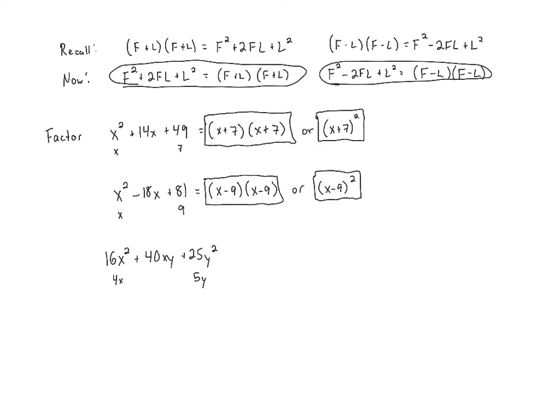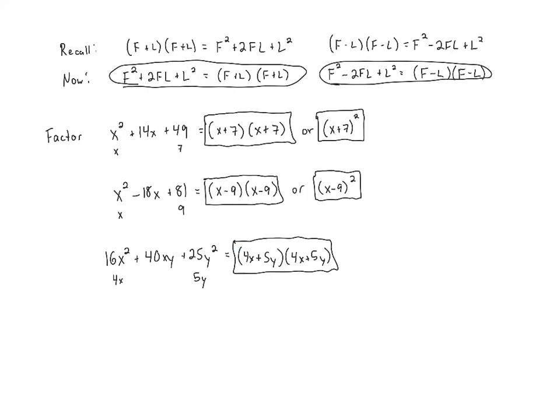So because all of this fits, we know that we can use that formula. And so this becomes 4x plus 5y times 4x plus 5y. Recognizing that this is a special form allows us to factor it quite easily.